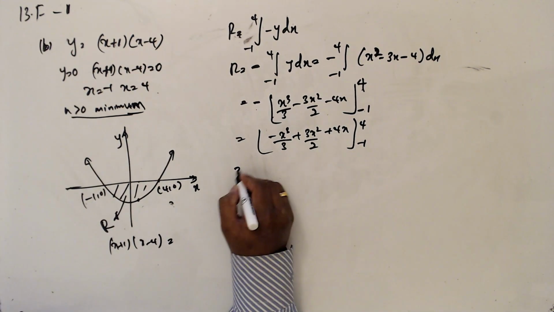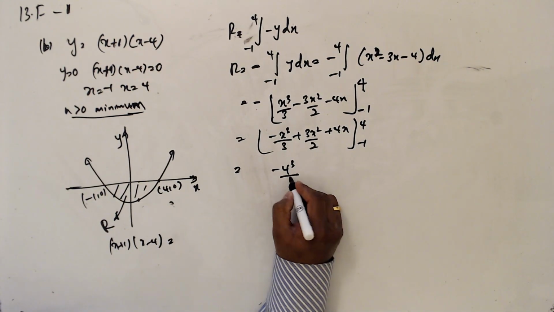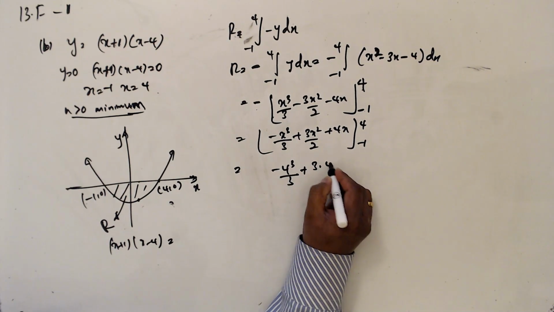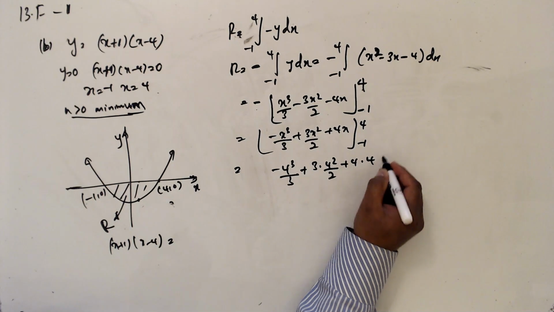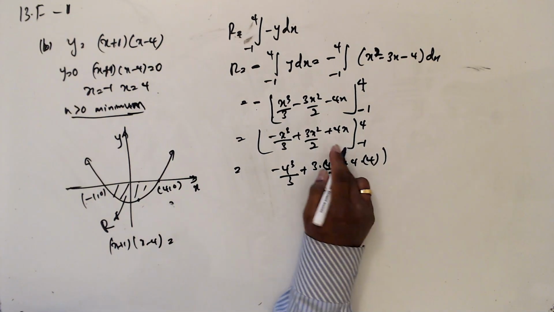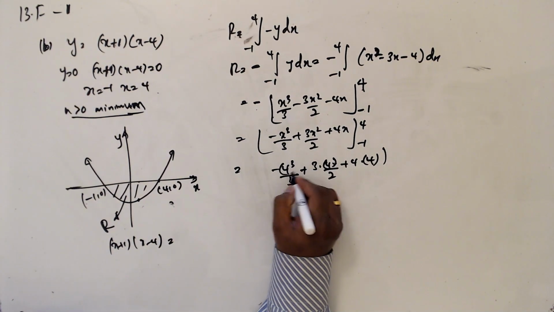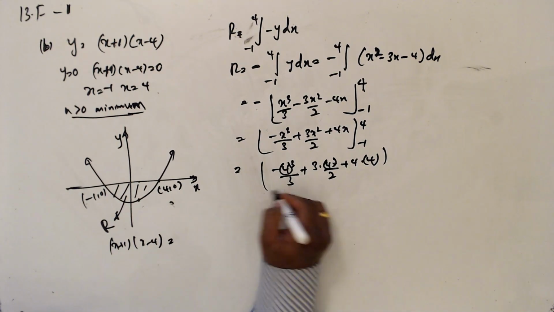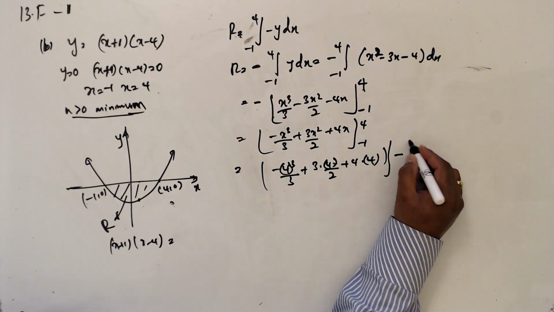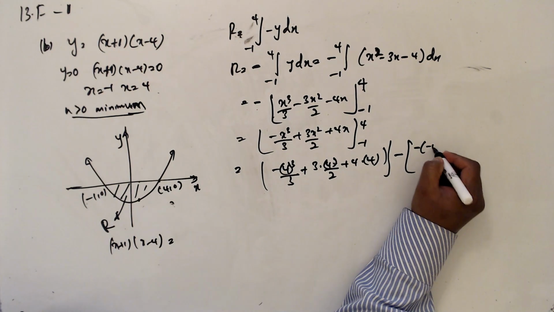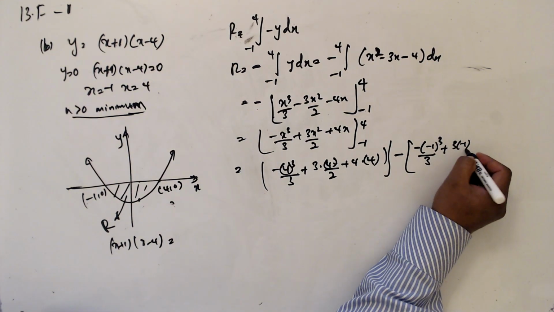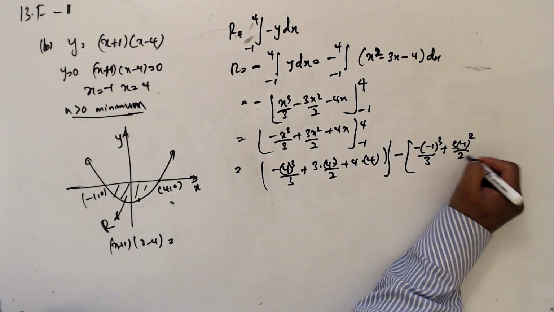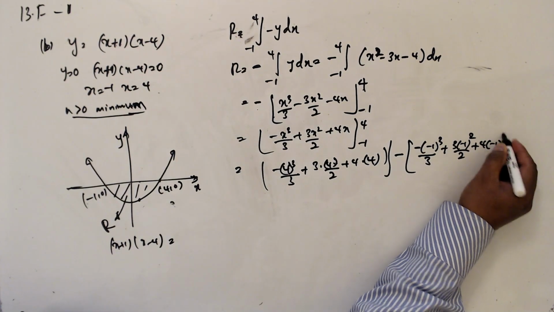So then this is minus 4 cubed over 3 plus 3 times 4 squared over 2 plus 4 times 4, minus, minus 1 cubed over 3 plus 3 times minus 1 squared over 2 plus 4 times minus 1.